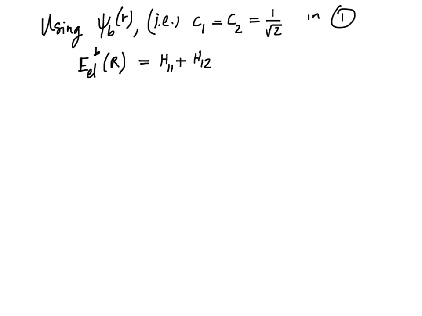Okay, so let us consider our first solution, right? The solution for the bonding situation, the bonding orbital, for which case we have C1 equals C2, which is equal to 1 over square root of 2 because of normalization, of course. We can now stick the values of C1 and C2 into our equation 1. Let us go back and remind ourselves what our equation 1 looked like, right?